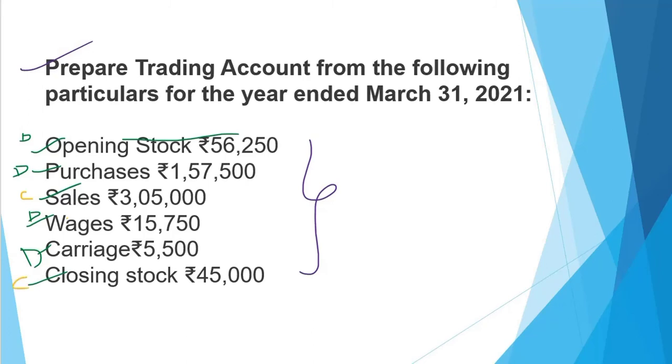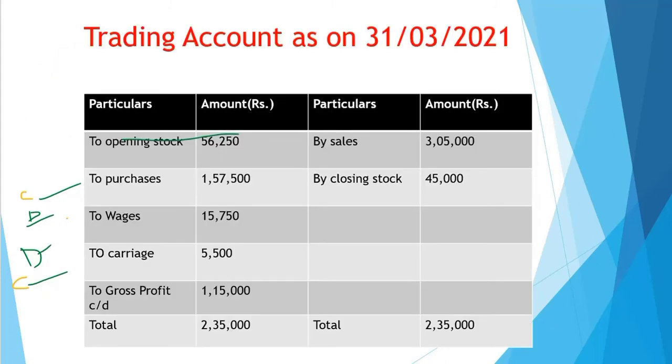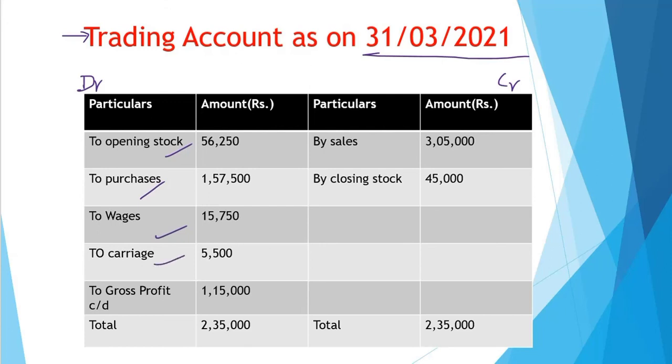Let us tabulate them, guys. Here is the table. Opening stock is on the debit side and closing stock is on the credit side, guys. These two things are more important. This is the heading: trading account as on 31st March 2021. On the debit side, opening stock, purchases, wages, carriage, and on the credit side, sales and closing stock.